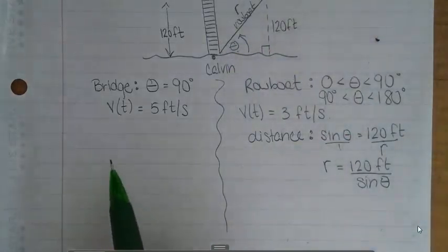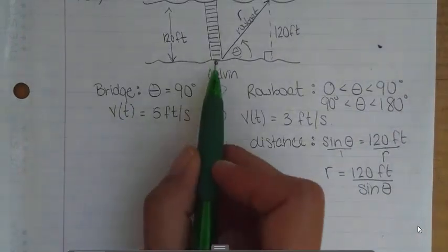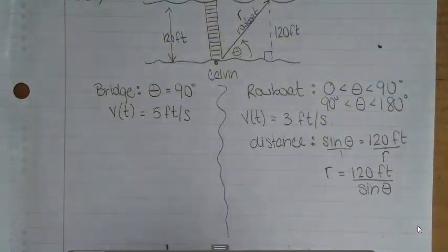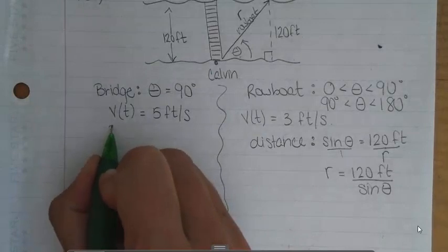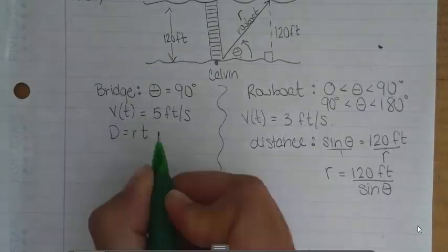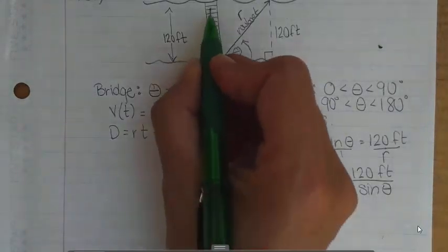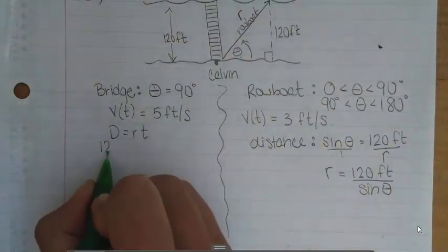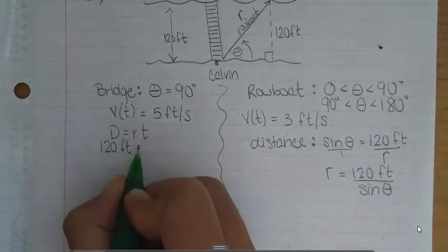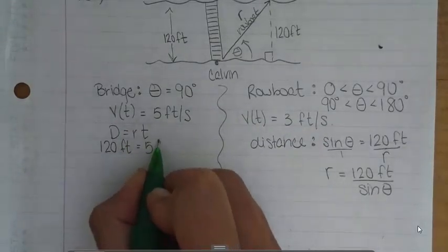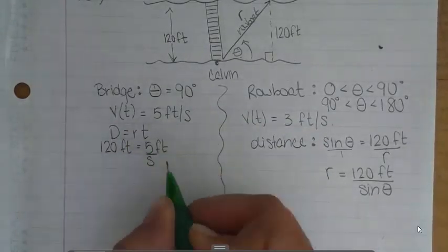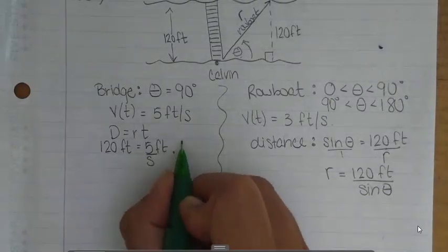What about the distance if Calvin goes straight across the bridge? Hopefully you remember that distance is always equal to rate times time. The distance straight across is 120 feet. His rate is 5 feet per second times time.